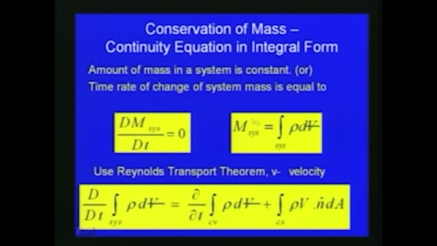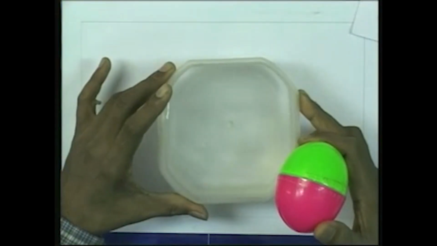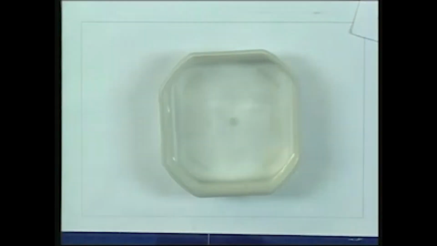As far as the system is concerned, say for example, the fluid inside this ball or in a container, here you can see the fluid inside this container. With respect to conservation of mass, we are saying that the amount of mass inside this system, the gas inside this ball or inside this container, is constant.